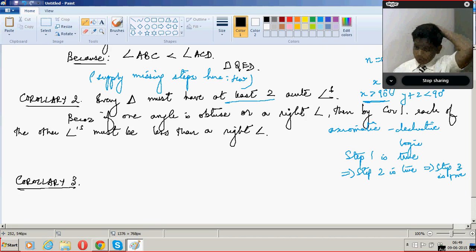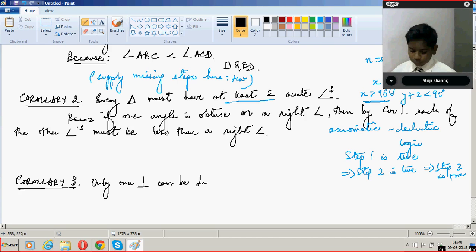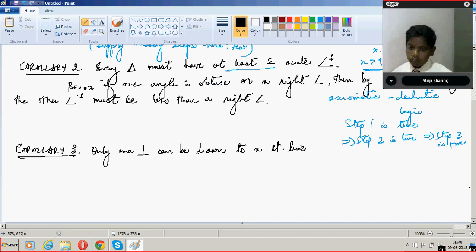So now corollary 3. Only one perpendicular can be drawn to a straight line from a given point outside it.